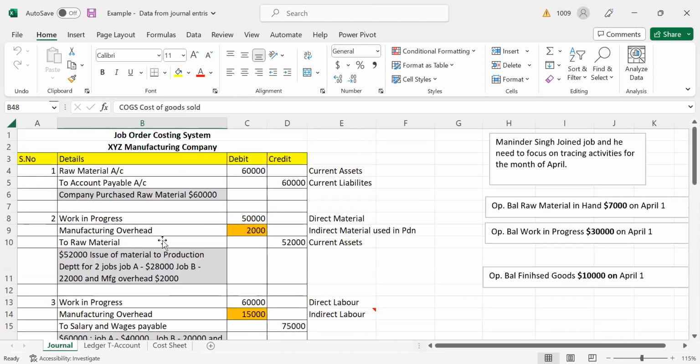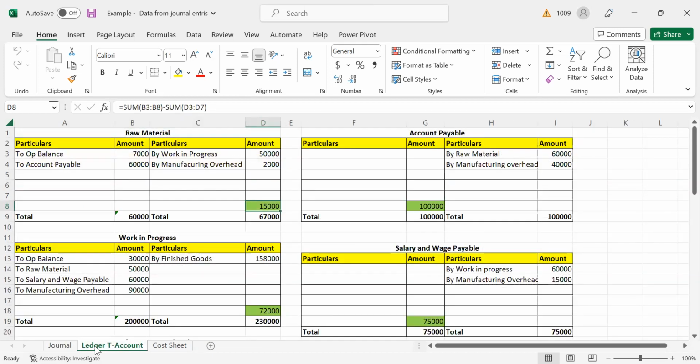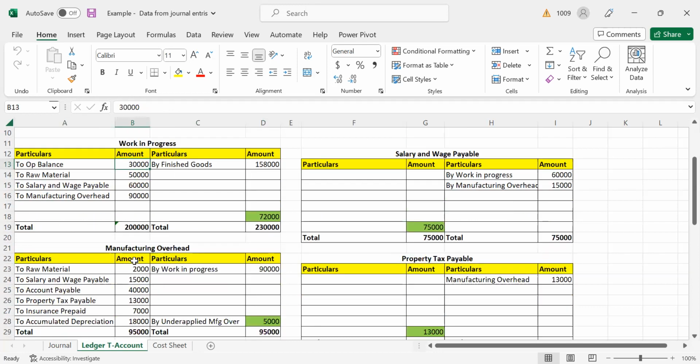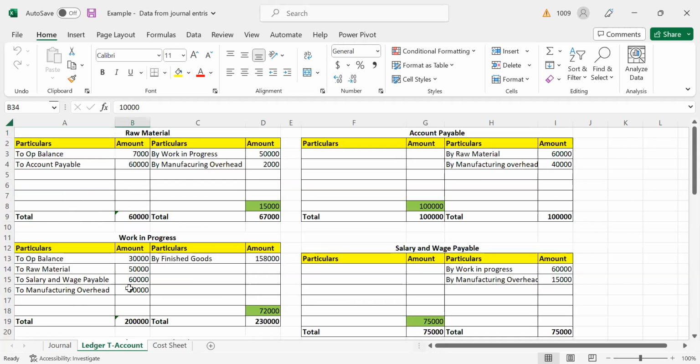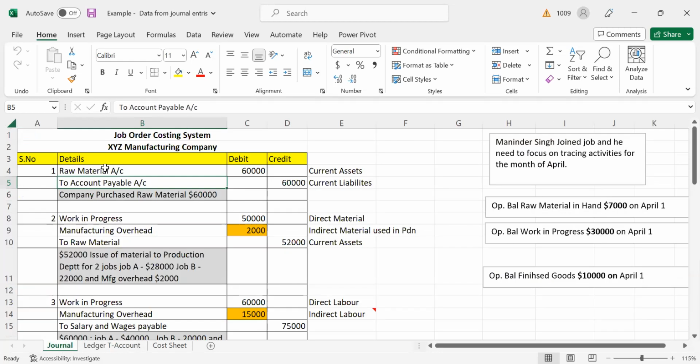Now look at this from the start, from raw material to accounts payable. You can see here the ledger T account. We have raw material, the opening stock that we have for the raw material, the opening stock we have for the work in progress, and the opening stock that we definitely have for the finished goods. And the rest are all the entries, raw material to accounts payable.